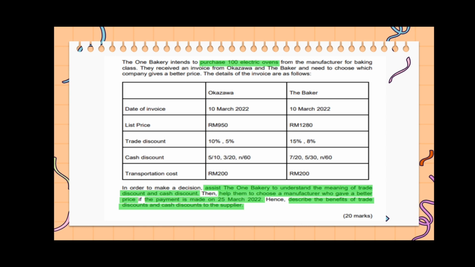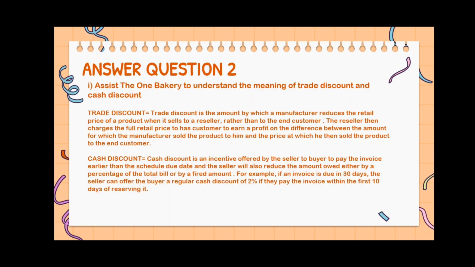Hence, describe the benefits of trade discounts and cash discounts to the supplier. So how we answer the second question is, first, assist One Bakery to understand the meaning of trade discount and cash discount.